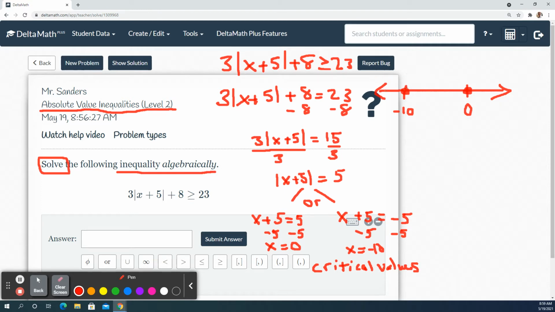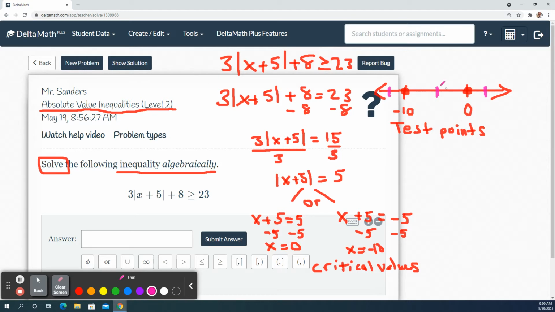All right, so once we have the critical values on our number line, then we do test points. There are 3 regions here that we need to test. We'll need to test the far left, the middle, and the far right. So we pick a value that's easy to deal with.